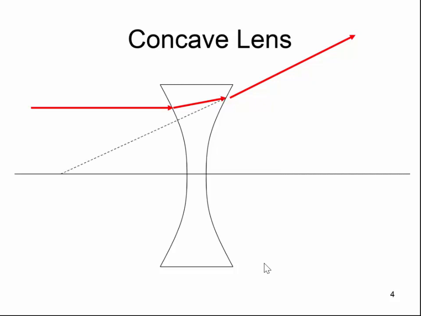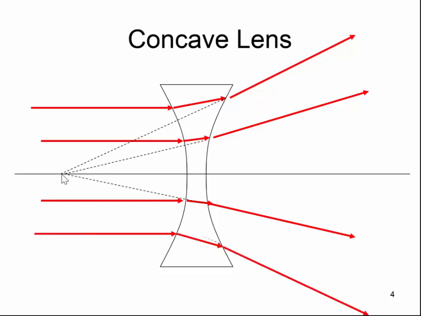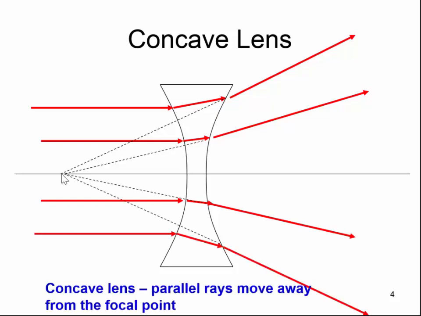And if we look to where that dotted line goes back here, this is actually where the focus, or the virtual focus, of that lens is. I'll just draw in some of these other things, and they all appear as if they're coming from the focus if the incident ray is parallel to that central axis. So they move away from the focal point.